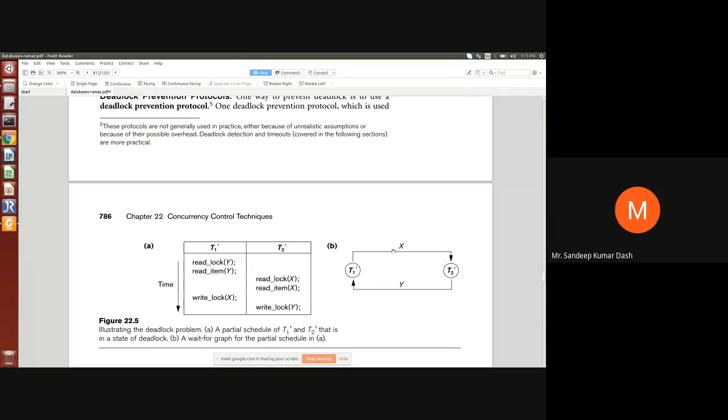So how do you avoid this kind of issue? The normal concept is not that deadlock will happen and then you solve it. The normal concept is that you have to detect it before the deadlock happens. You have to avoid it. So deadlock avoidance is more required than deadlock removal.